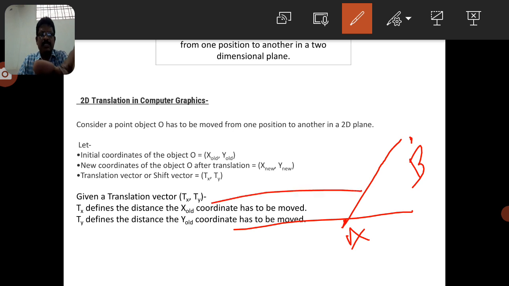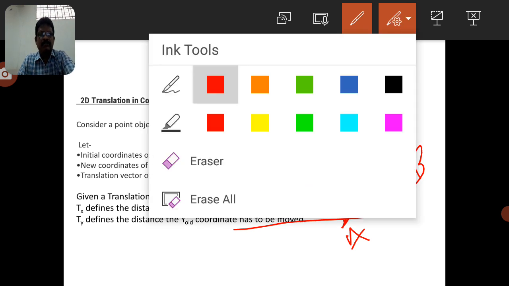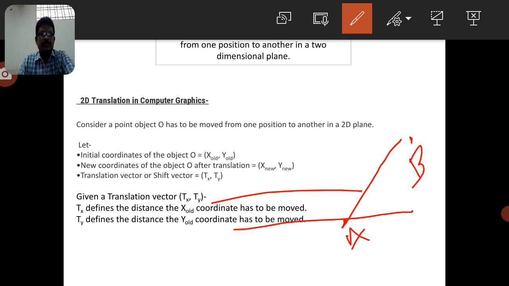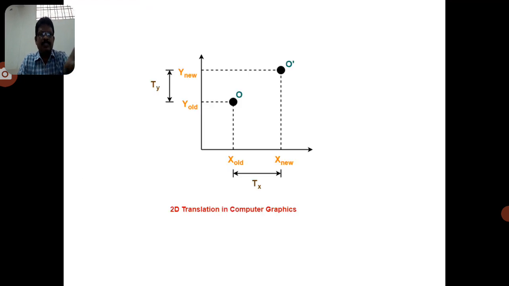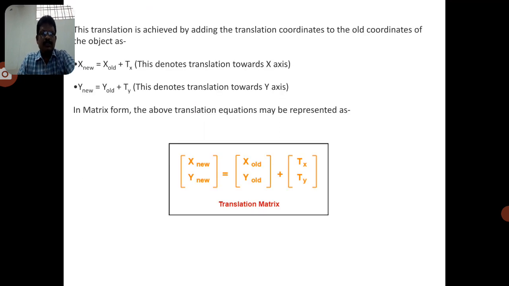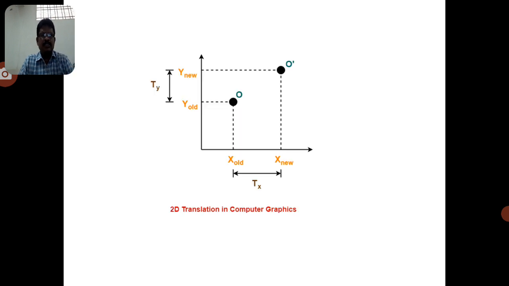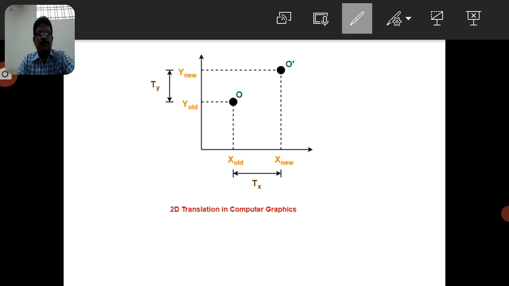Now we can observe these notations in this computer graphics image, towards the x axis and towards the y axis. X world and y world are taken as the initial position of the object.